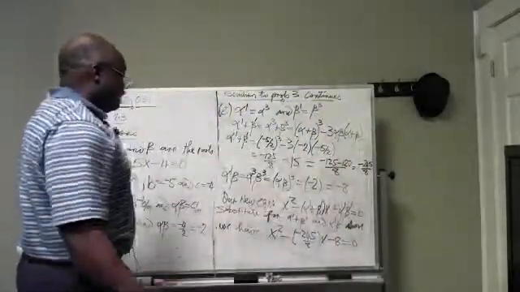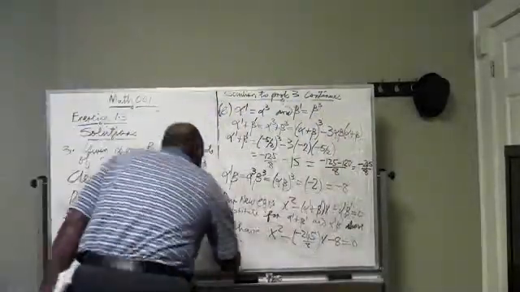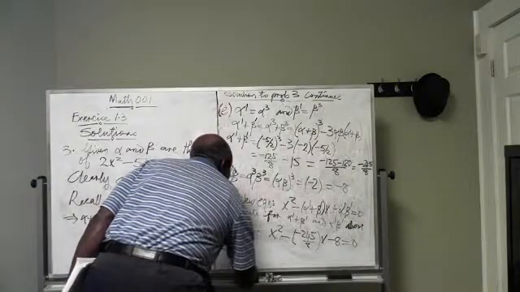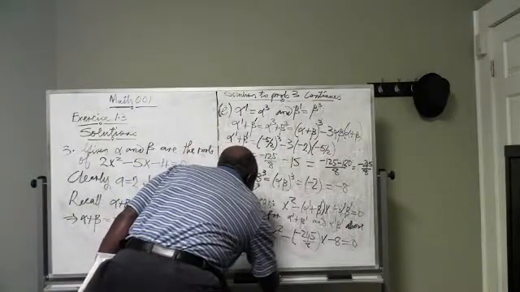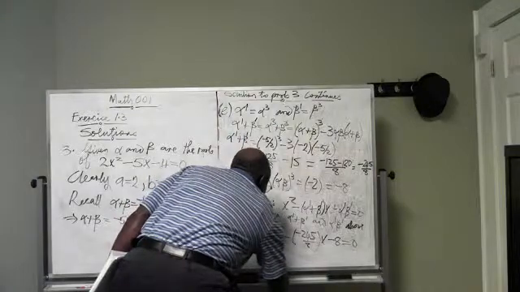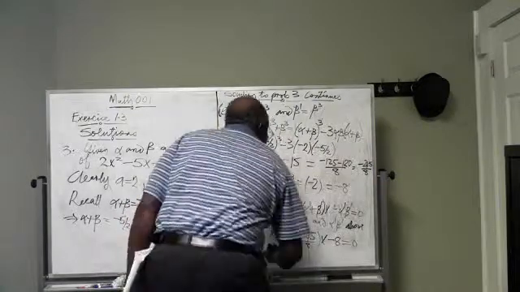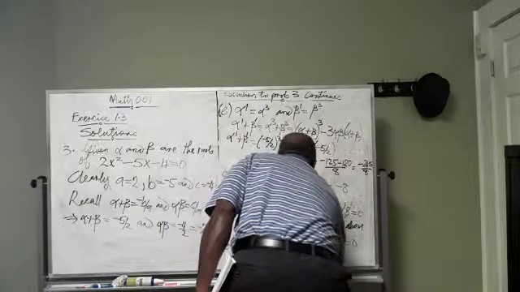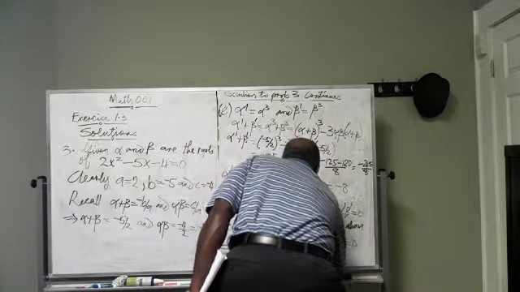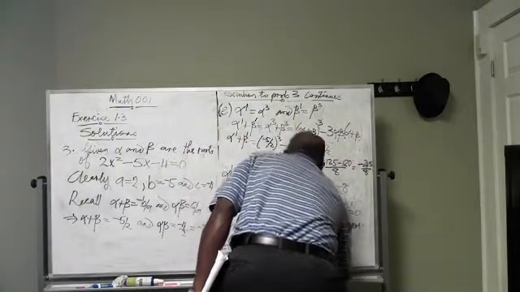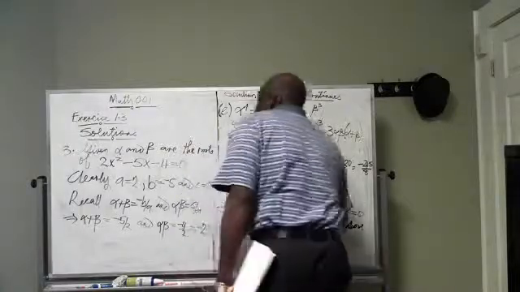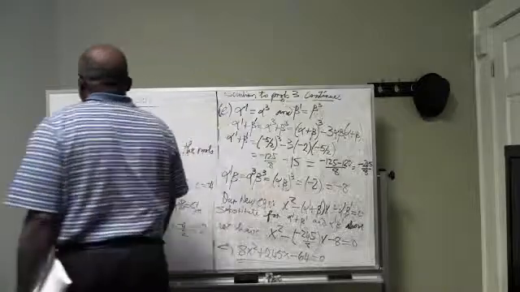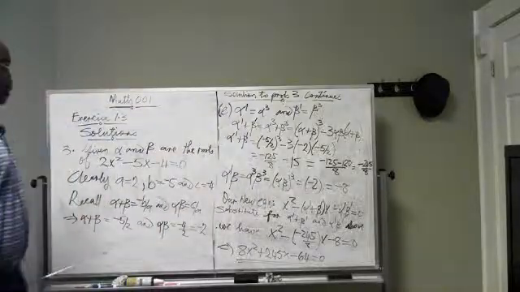If we further simplify, this will yield 8x squared plus 245x minus 64 equals 0. And that's the solution to problem 3a.